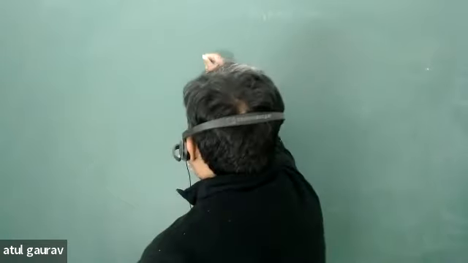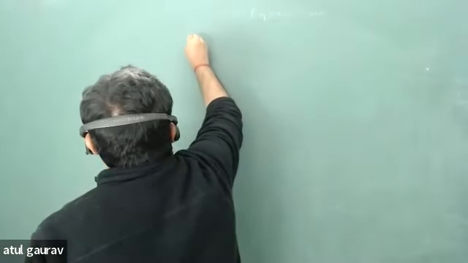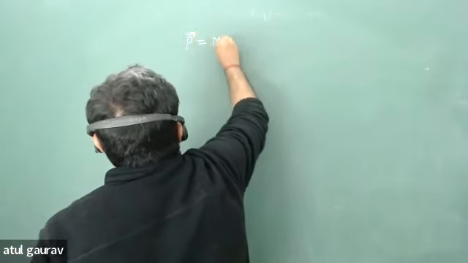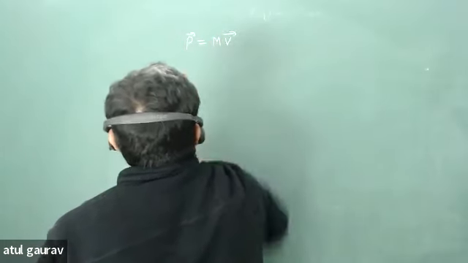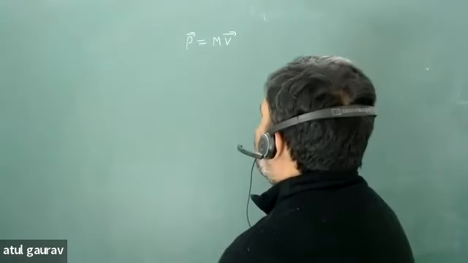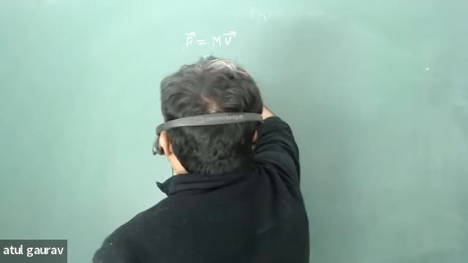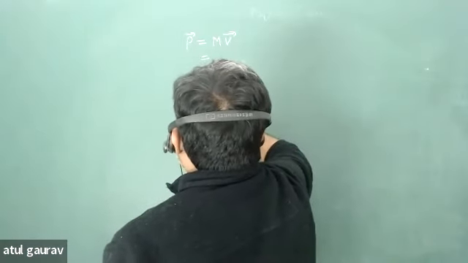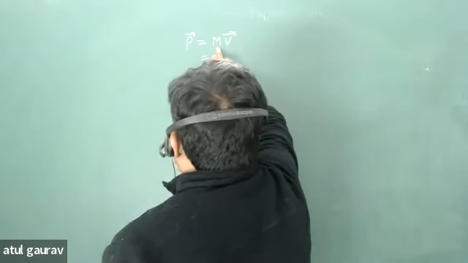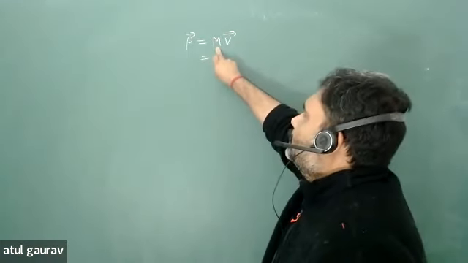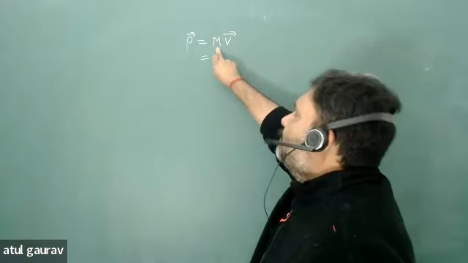Now, what is my momentum? My momentum is defined as m into v. Yes, this is the definition of momentum. Now, what will be m now? This m is what? Rest mass or relativistic mass? Relativistic mass.